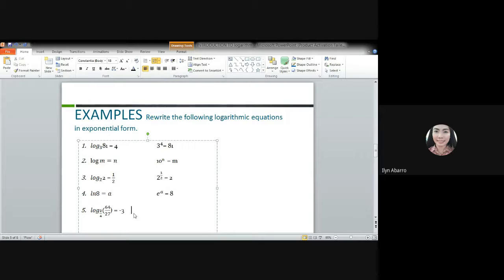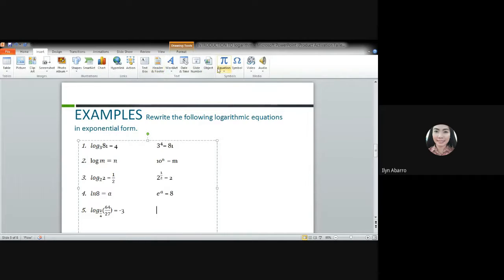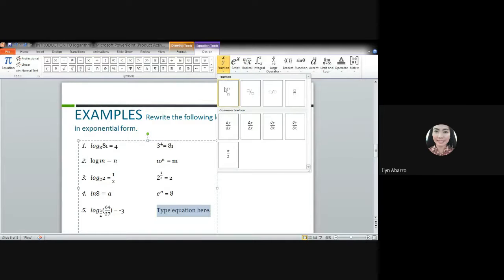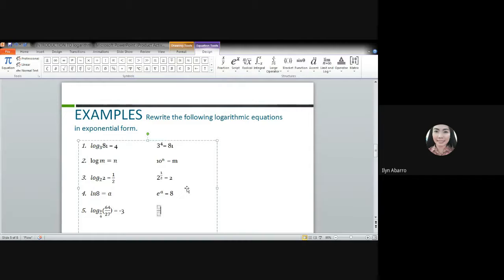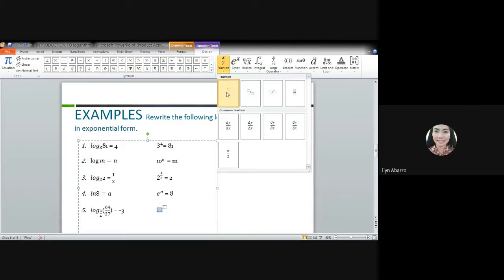Okay, number 5. The logarithm of 64 over 27 with base 3/4 is equal to negative 3. So our base is a fraction, 3/4. Okay, so kuha tayo ng fraction dito. Oh, wrong muna. Mali. So, ito muna exponential form. And then, yung base natin, change into fraction.